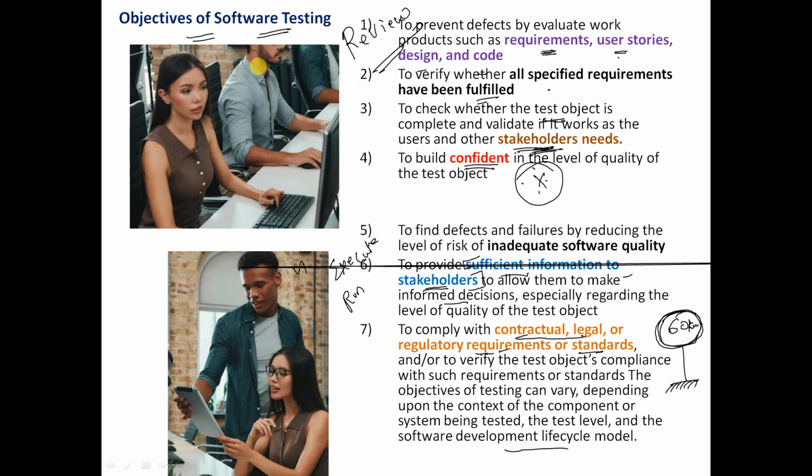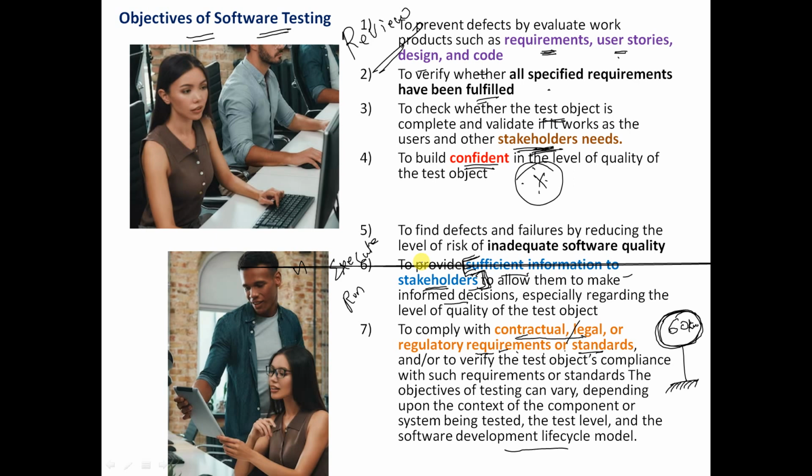If there is no software testing, no proper information can be provided to the stakeholders or the customers. Then there will be a huge risk for the project, as well as for the reputation of the organization and the customer's brand. And the final one we went through is contractual, legal, or regulatory requirements or standards. So these are all the objectives.